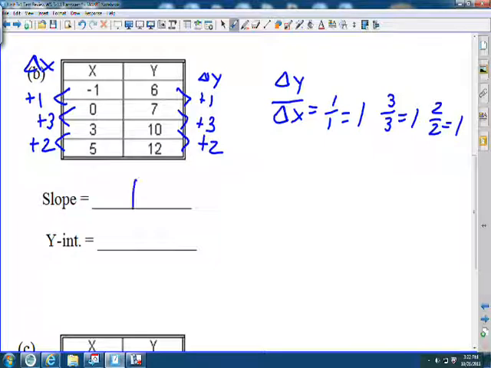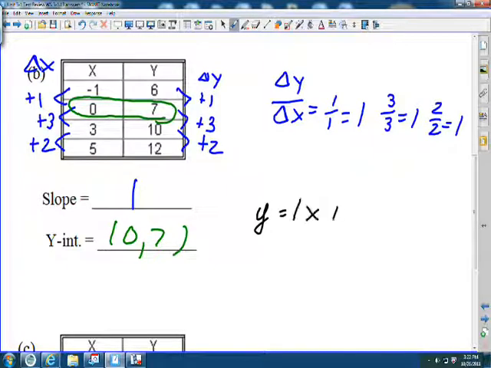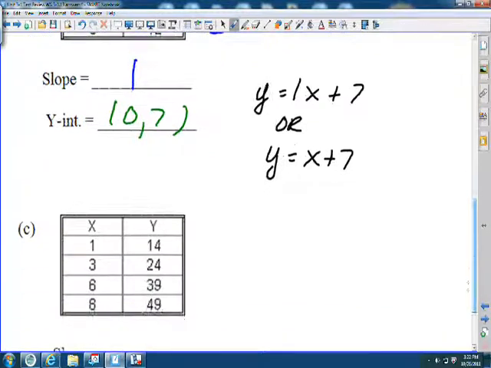My slope is 1. My y-intercept, 0 and some number. I see it right here in my table, 0, 7. So if I wanted to write my equation, I could write y equals 1x plus 7, or I can write it as y equals x plus 7.